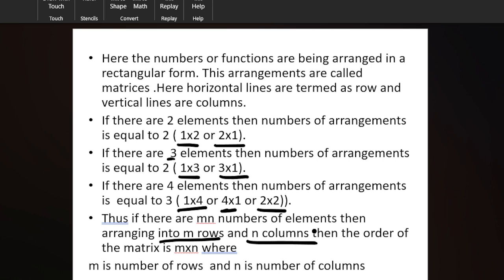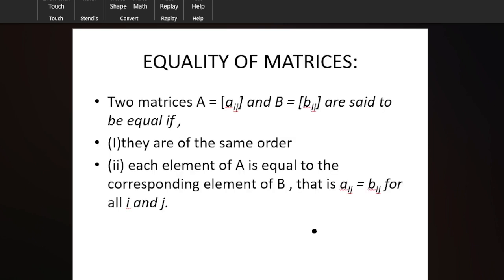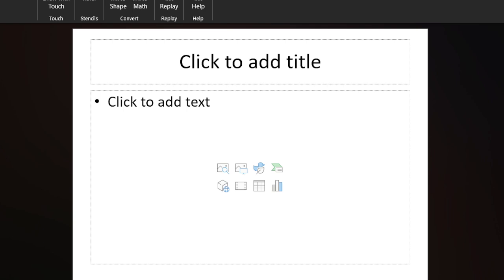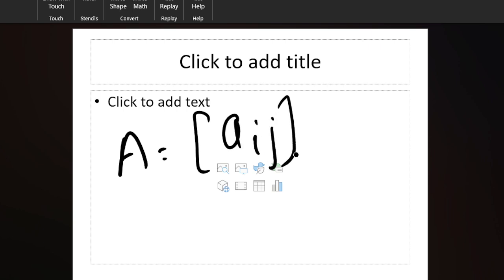Next, before going to equality of matrices, we can see a matrix of order m by n. How do we write it in short form? We can write aij, m by n.